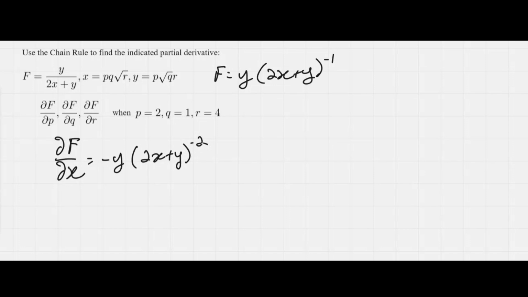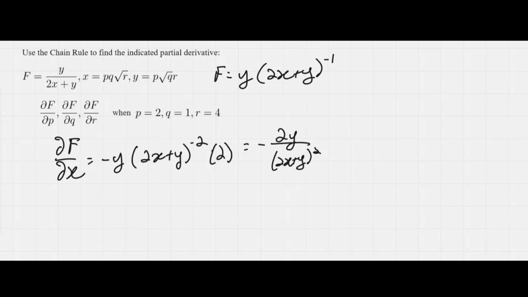And then for that inner expression, 2x plus y, the derivative with respect to x, treating y as a constant, is just going to be 2. And so what we're left with is negative 2y over (2x plus y) squared. Alright, so we have that partial derivative.